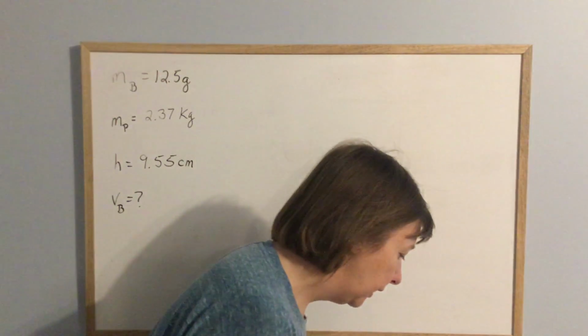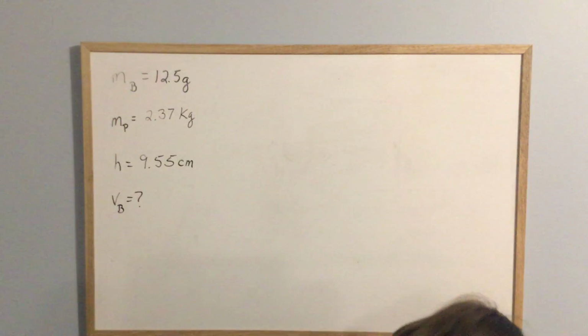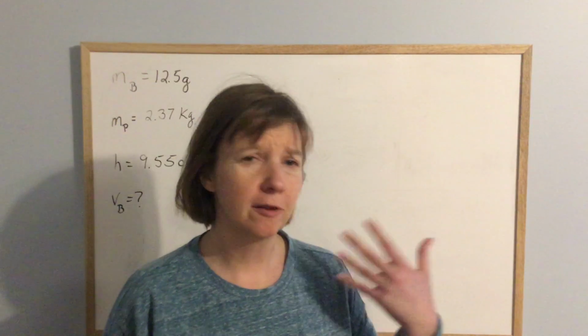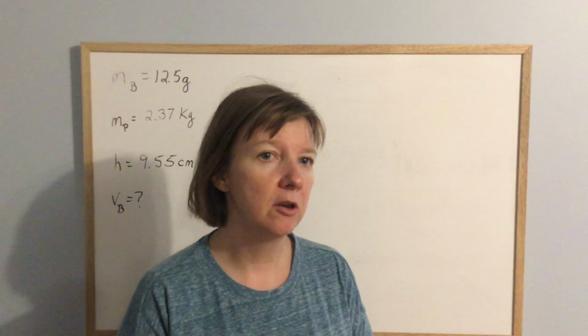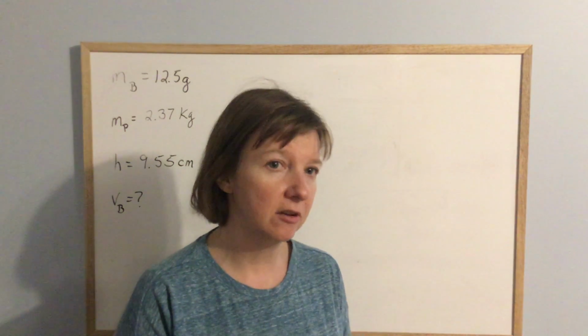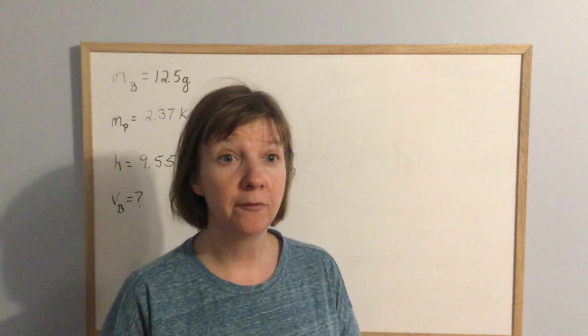Okay? Now, I don't know if some of you are thinking maybe I can just do one of those formulas that says like distance is 1/2 g times t squared or something. I don't know whether you're thinking there's some formula that you can use. The problem is a bullet is not going at a constant velocity. When you fire it out of the gun, it's going really, really fast.